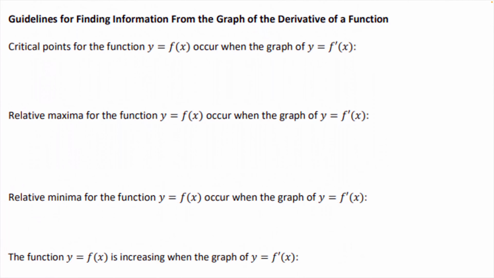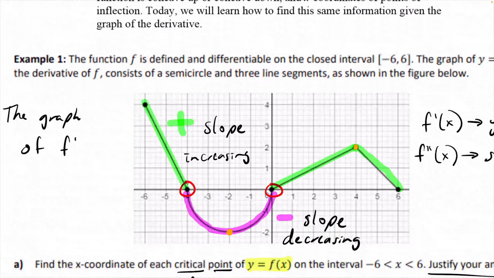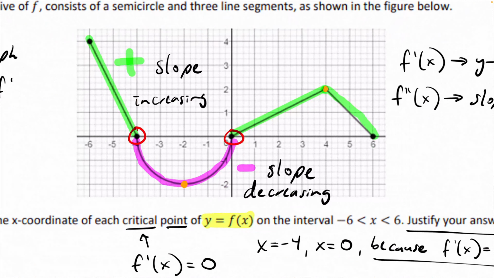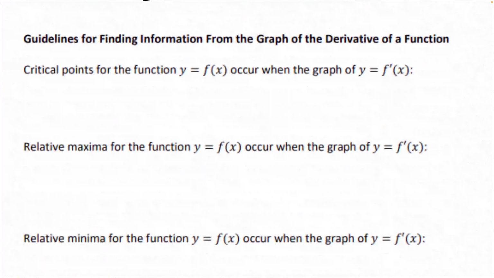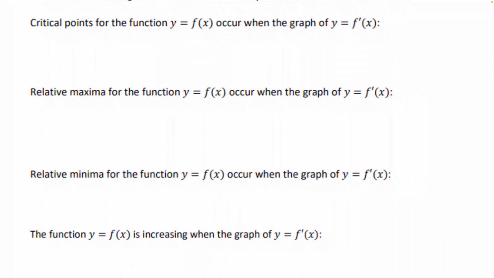If I was to give you another graph that didn't look like this, where would we always look? When the y value equals 0. Yep, when the y value equals 0. So let's write that down. Essentially, it's the same thing, but when it touches the x-axis, that's 0, right?